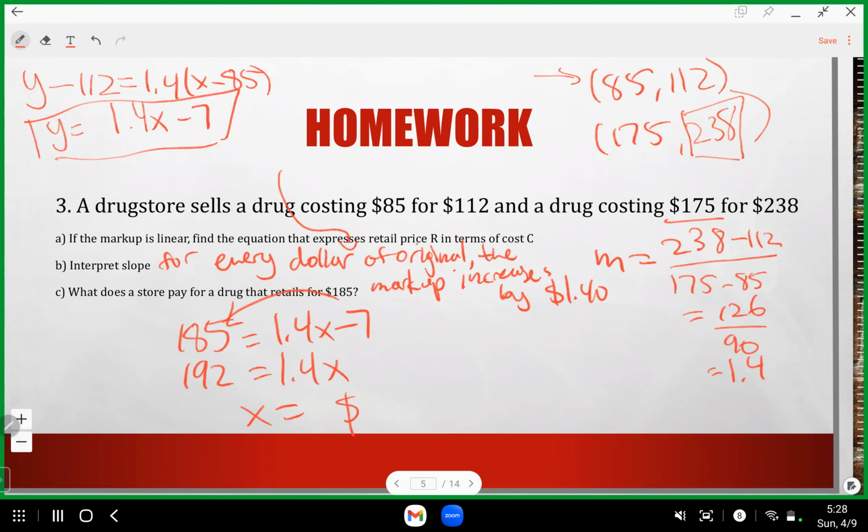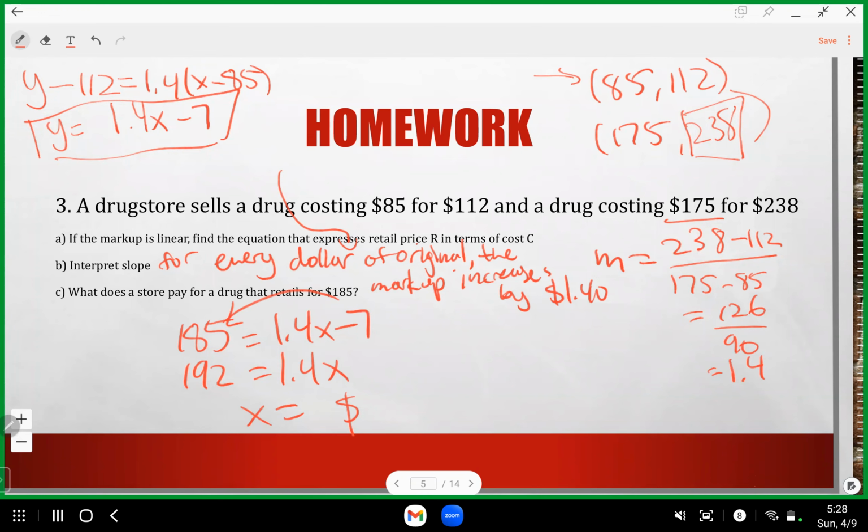Does anybody see a problem here? Because when I solve this equation, it's 185 plus 7 divided by 1.4, which is 100. No, I did it wrong, right? 192 divided by 1.4 is equal to 137. Oh, never mind.